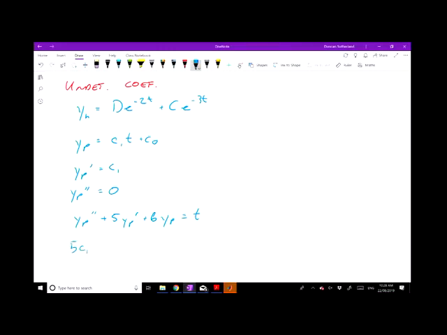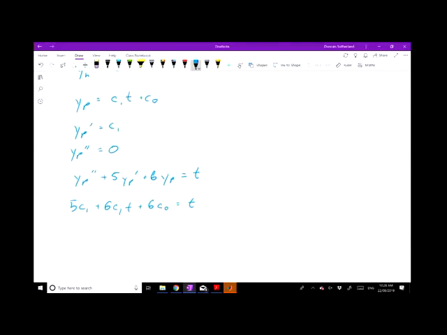All of that boils down to 5c1 plus 6c1t plus 6c0 equals t. Now we equate terms. So we equate the t term very clearly. 6c1t equals t. c1 equals 1 over 6.